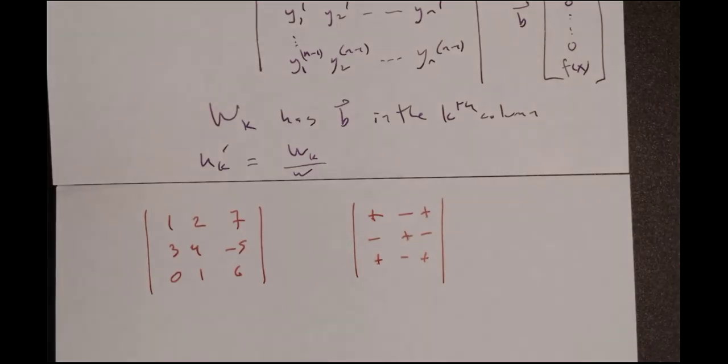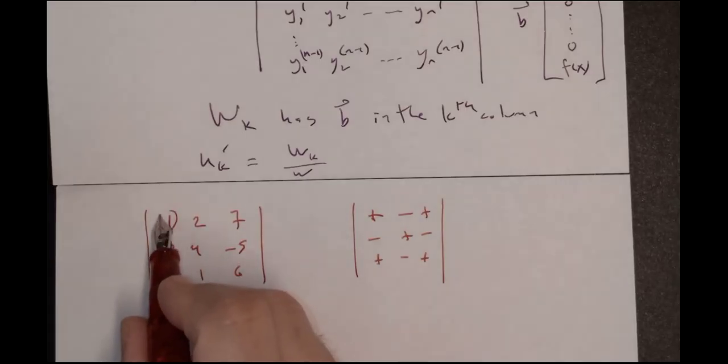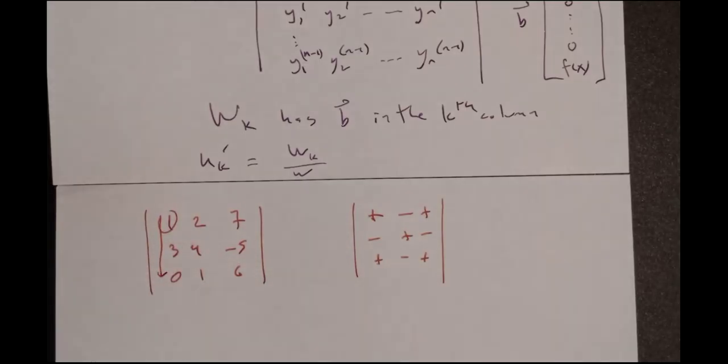When we did the 2x2s, we added and then subtracted. Right? Well, these are the signs I'm going to use for this one. So I start with this, going down this column. I'm going to take that 1, I'm going to put a plus in front of it because there's a plus here. And then I'm going to chop off the first row and the first column.